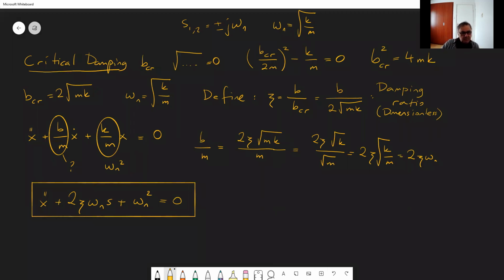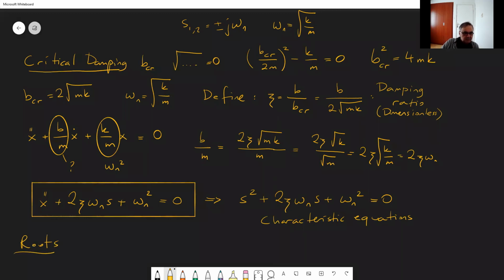And now from here, if you want to use this equation instead of that one, the characteristic equation can be written as s squared plus 2 zeta omega n s plus omega n squared equals 0. This is the characteristic equation. And the roots of this characteristic equation can be written as follows.